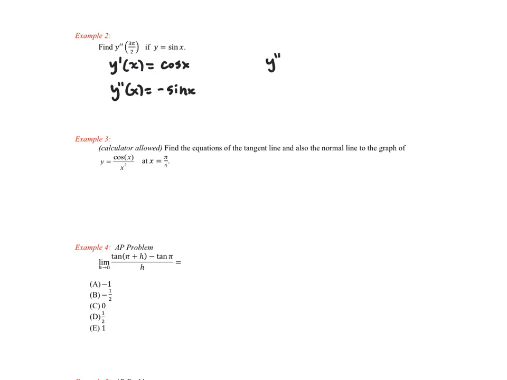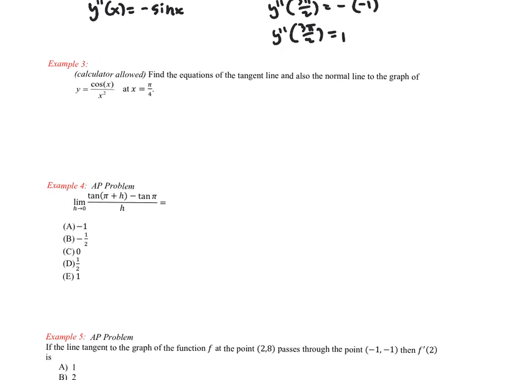Therefore, y double prime at 3 pi over 2 is going to equal negative sine of 3 pi over 2. Well, the sine of 3 pi over 2 is negative 1. So y double prime at 3 pi over 2 will be positive 1.